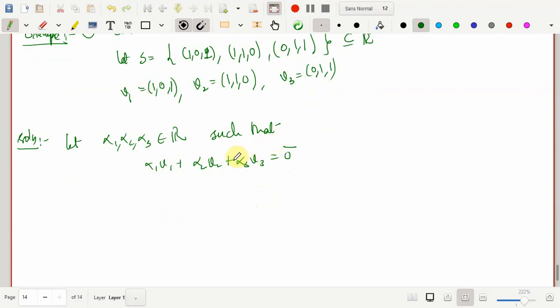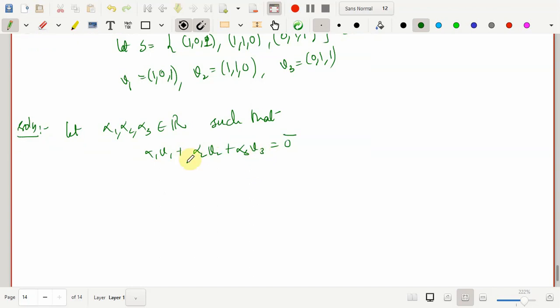If I can produce a tuple, say (alpha 1, alpha 2, alpha 3), which is non-zero, that means at least one scalar is non-zero but the linear combination is equal to 0, then we say that the given set is linearly dependent. It's very easy, because ultimately you will convert it into a system of equations, with the variables alpha 1, alpha 2 and alpha 3, because that's your unknown.